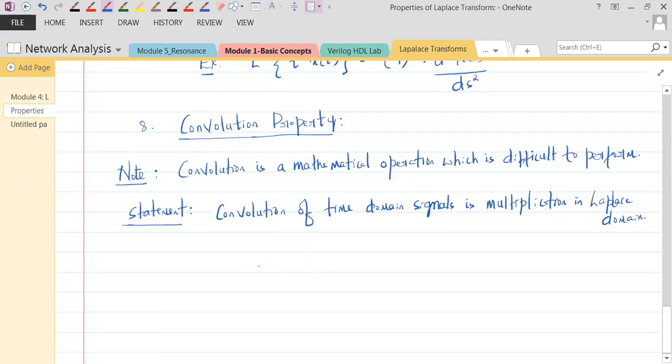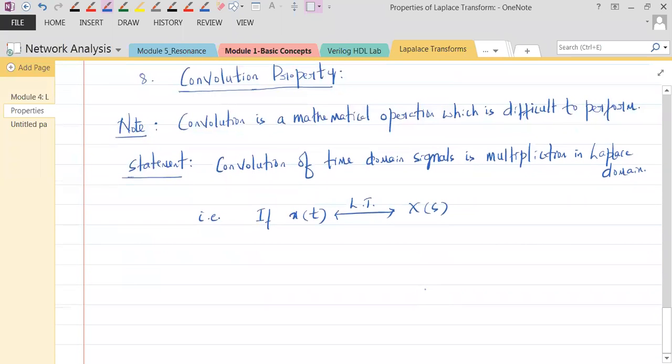So what is convolution? See here, if you have x of t, we obtain the Laplace transform as x of s. Suppose you have two signals here, x1 of t and x2 of t, and these two signals are being convolved. This is the convolution operator. Understand that? Let me write that.